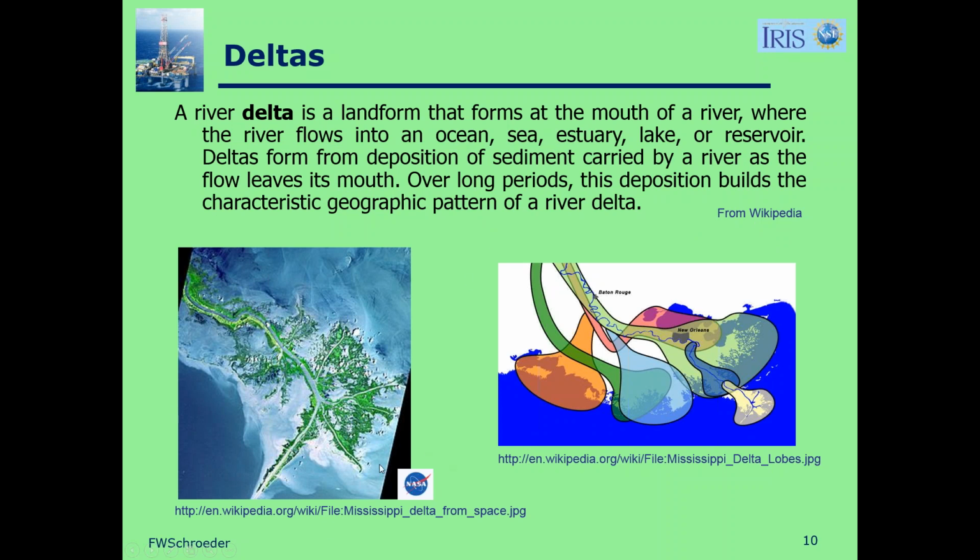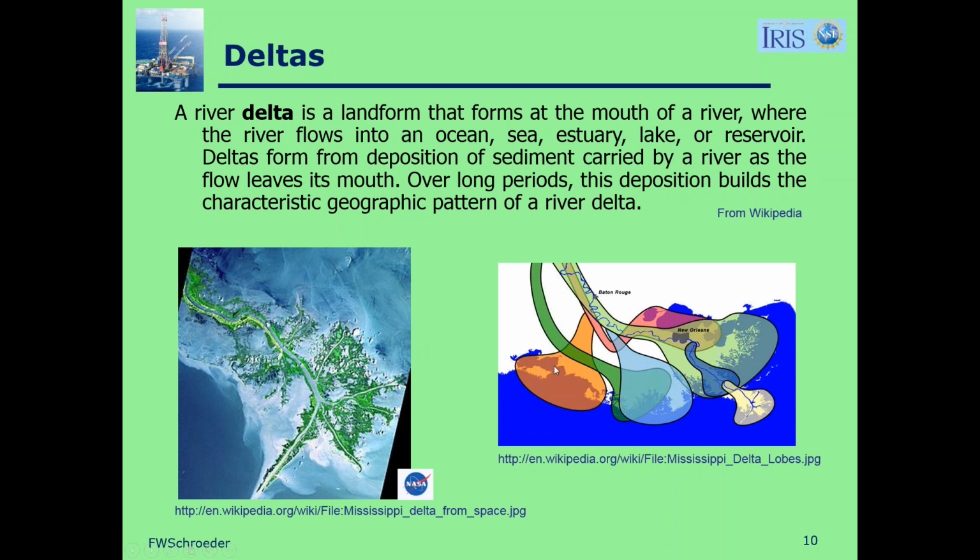The image here, a NASA image, is of the Mississippi Birdfoot Delta, where the Mississippi has left the coastline and is depositing a big lobe that is currently active. The things in green here are above sea level, at least part of the time, and probably some of it is submerged when we have major storms.